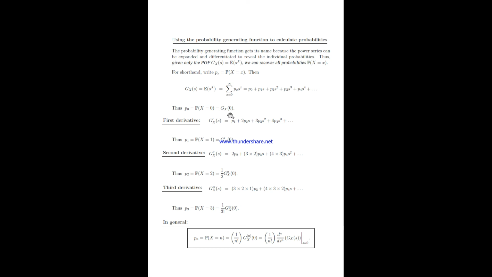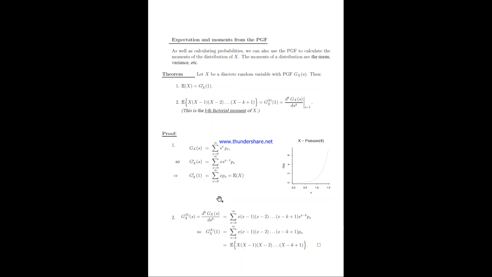That will ultimately give you the expected value of x. We can prove that as well.